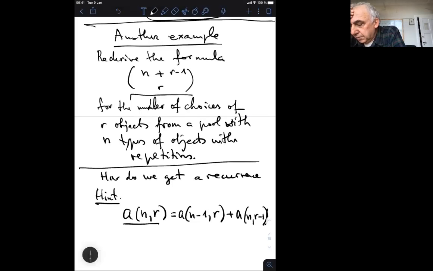So if we're looking at objects of the first type, we can divide our situation into two sub-situations.